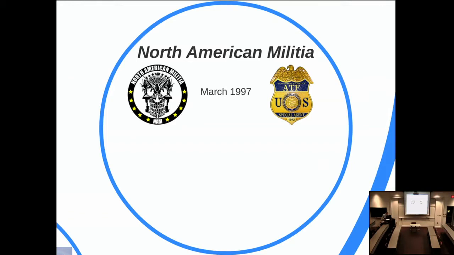Another incident was with the North American Militia in '97. An ATF agent was able to infiltrate the group because they were suspected of terrorist activities, and lo and behold, 3 members were implicated in a terrorist plot. Home invasions of these 3 people resulted in a very large number of guns being discovered, as you can imagine, for the North American Militia.